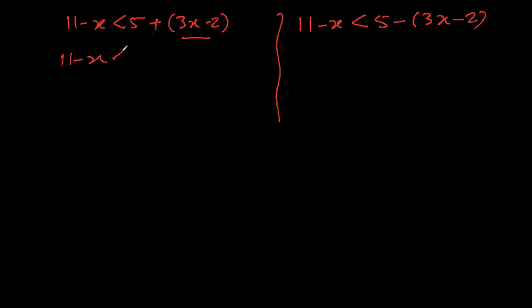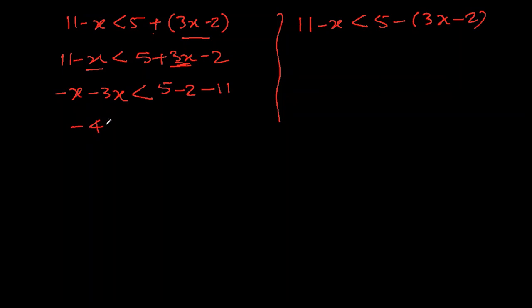11 minus x is less than 5 plus 3x minus 2. Let's bring this 3x to the other side. Minus x minus 3x is less than this minus x and this minus 3x. 11 will come to the right side, which is 5 minus 2 minus 11. So it becomes minus 4x is less than 5 minus 2 is 3. 3 minus 11 is minus 8.